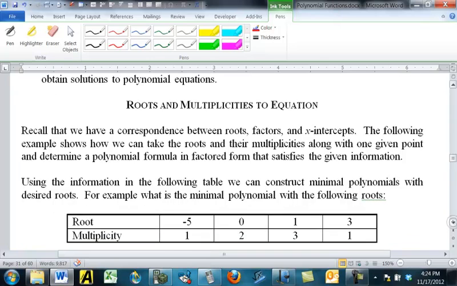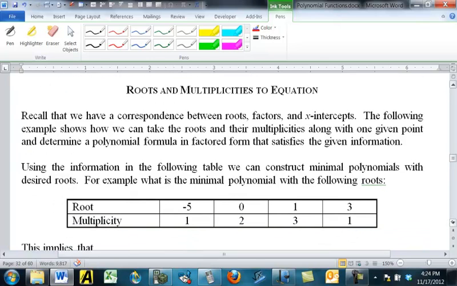So let's apply some of this to finding an equation. Let's suppose we have here some table of roots and multiplicities. So the roots are -5, 0, 1, and 3, and you see the multiplicities there. And we want to find a minimal polynomial with these roots.